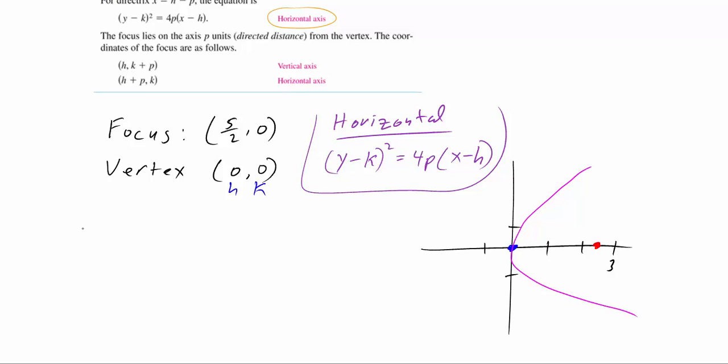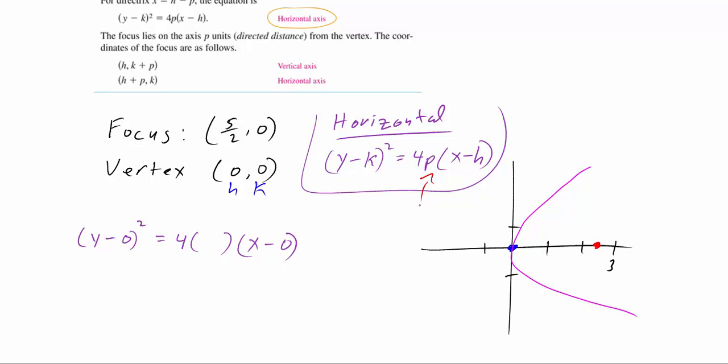If we substitute that in, we end up with y minus 0 squared equals 4 times p. Now that's the value we need to find. And then we have x minus h, which is also 0. So here we first need to find the value of p.